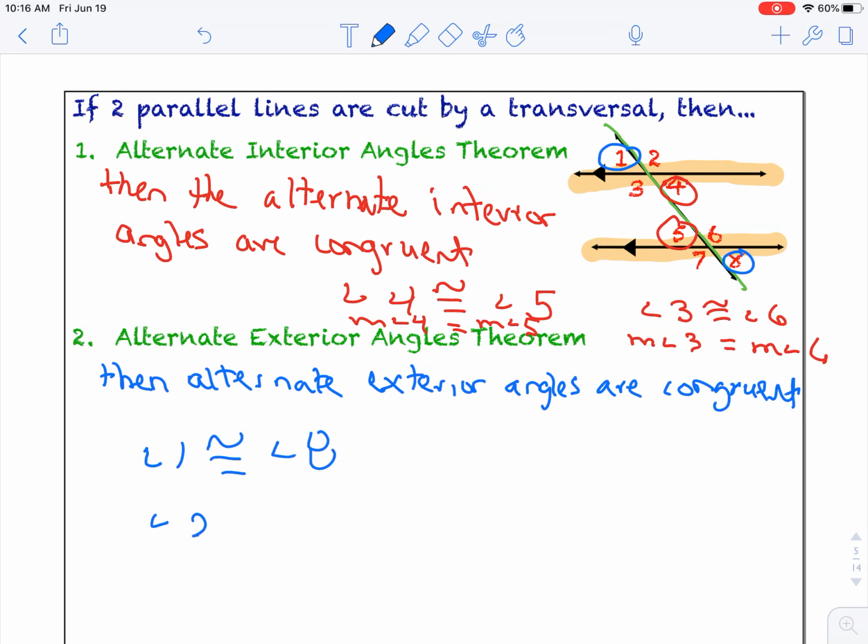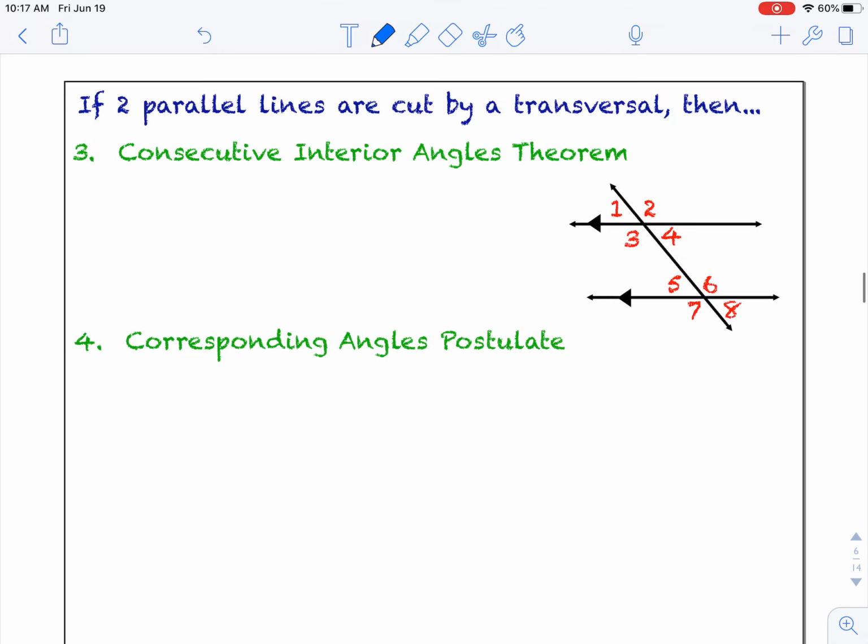So that means that angle 1 is congruent to angle 8, and our other pair is angle 2 is congruent to angle 7. And again, that means that the measures will be the same.